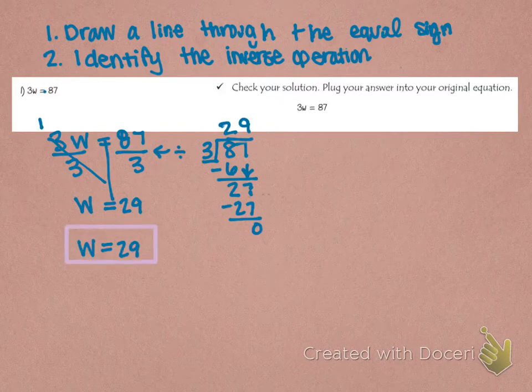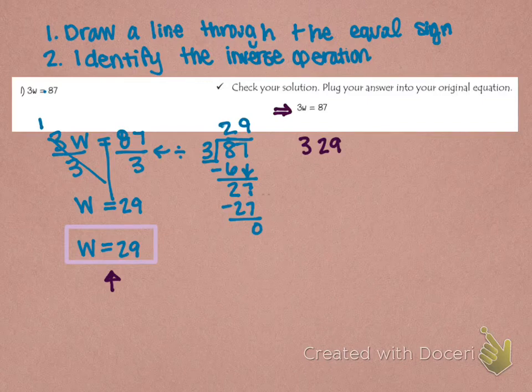So again, to check this, we would plug it into our original equation, which is written right here for you. So instead of writing W, we're going to write what we just found W to be, which is 29. So 3, and I can't just write 29 right here because now that looks like 329.